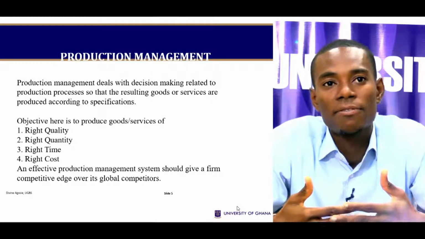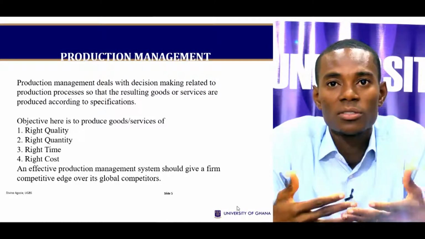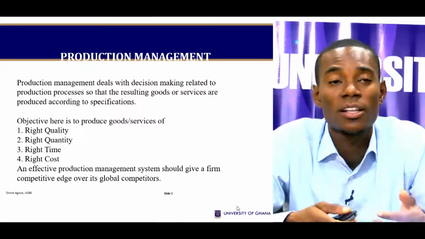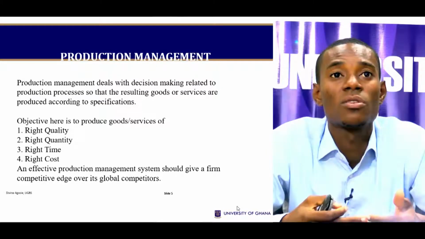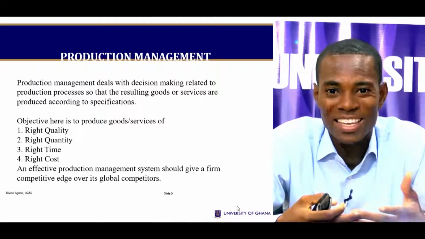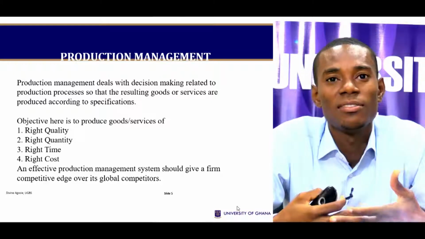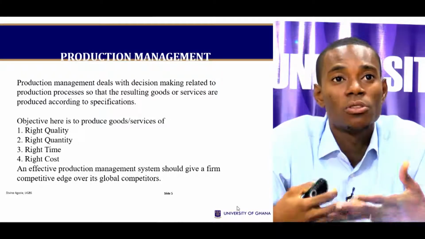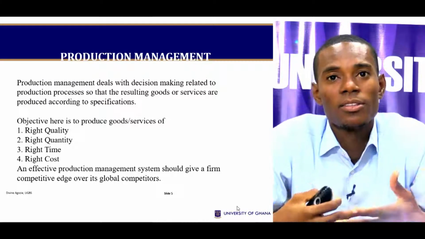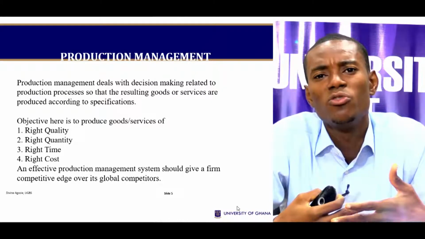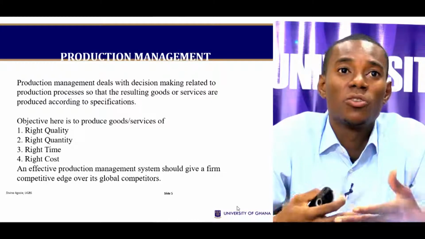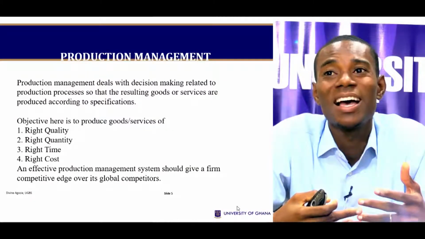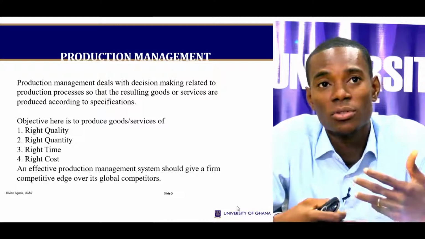And an effective production management system should give a firm competitive advantage over the global competitors. Now, in fact, these characteristics or these objectives that we've outlined here are basically the basis on which any firm can compete globally. Think about it. Now I think we've moved beyond the case of just competing on price and advertisement. Now, a firm that produces high quality items builds goodwill.